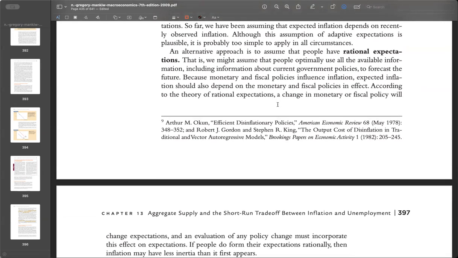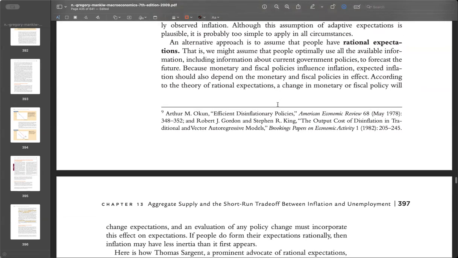And what this is saying is that it's possible that even in the short run, under the theory of rational expectations, people might optimally use all available information, and this would allow them to update their expected inflation, right?